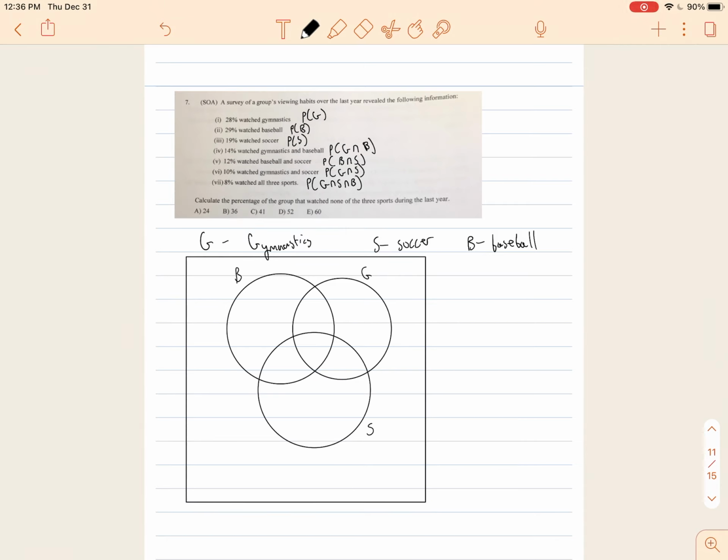So, the complement of everything. What we want is G complement intersect B complement intersect S complement, right? We wouldn't want the union because the union of all these complements would basically be the entire rectangle, including the stuff in the Venn diagram. So we just want the stuff out here, right?